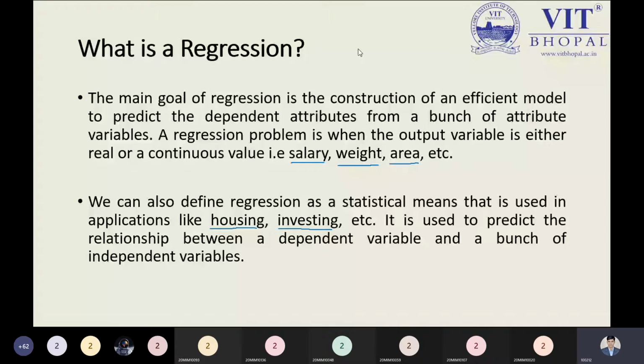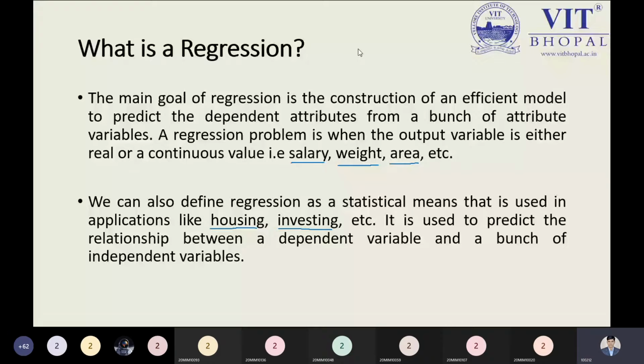When you were 2 or 3 years old, your height was 1 foot or a maximum of 1.5 or 2 feet. But now you have grown up, you are 18 or 19 years old, and your height is 5 feet, 5.5 inches, maybe 6 feet or more than 6 feet, depending on your genes.